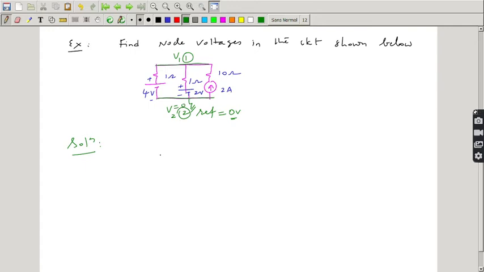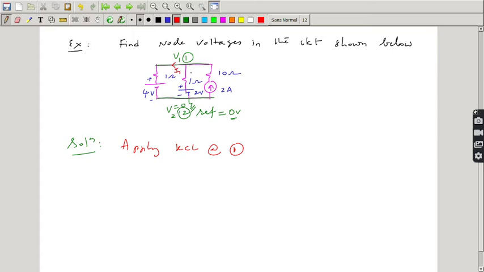Okay, and now I can develop the KCL equation. Apply KCL at node 1. While applying KCL at node 1, V1 is the highest potential point and all the currents are moving away from that point. You remember that one.